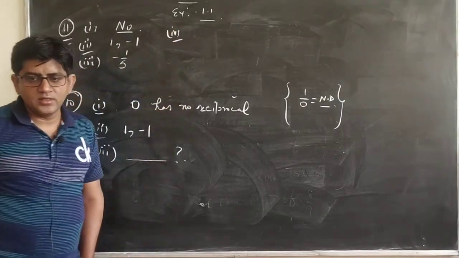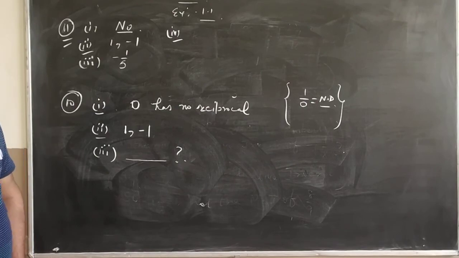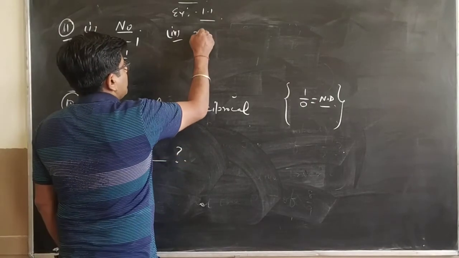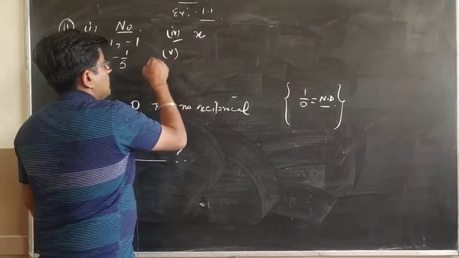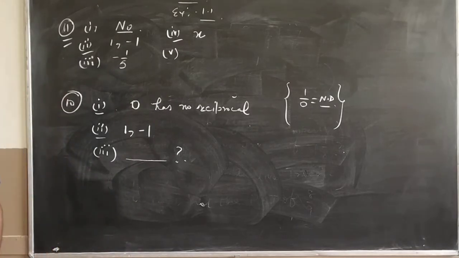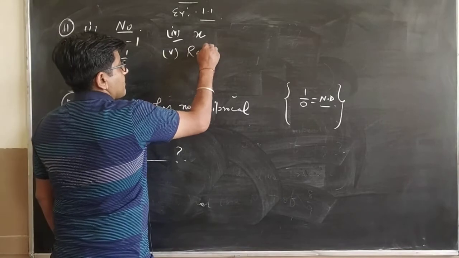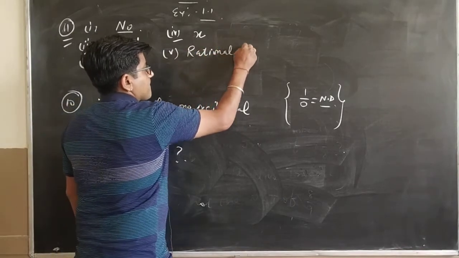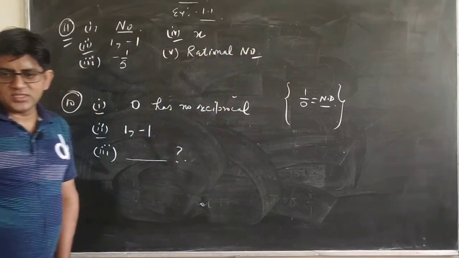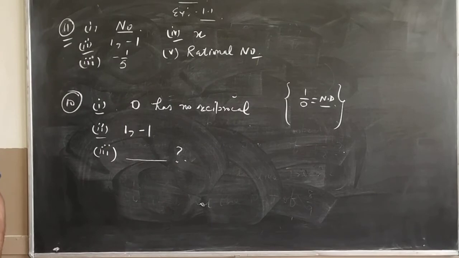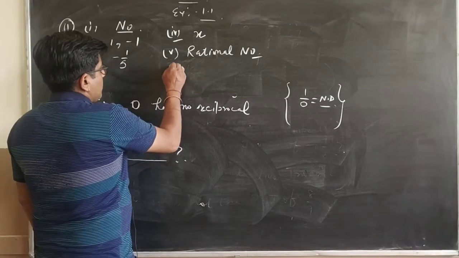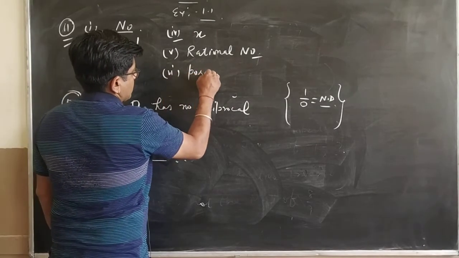Then fourth part, the reciprocal of 1 upon x will be x. Fifth part, the product of two rational numbers is always a rational number.